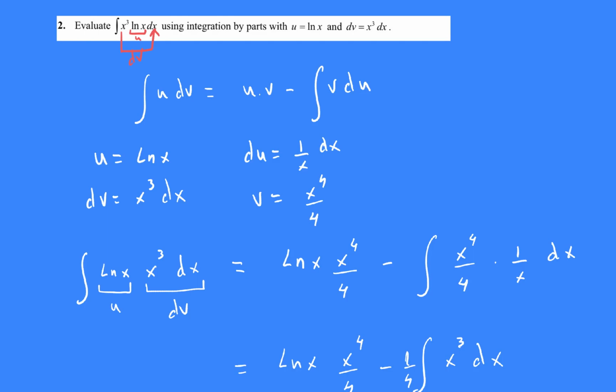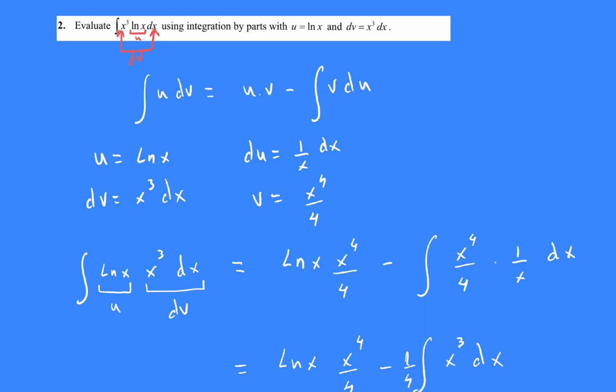What does our equation say? Our equation says that the integral of u dv is u times v minus the integral of v du. So let's write it. U is natural log of x. Dv is x cubed dx. So if u is natural log of x, what is du? Du is the derivative of u with respect to x times dx. What is the derivative of u with respect to x? It is 1 divided by x times dx.